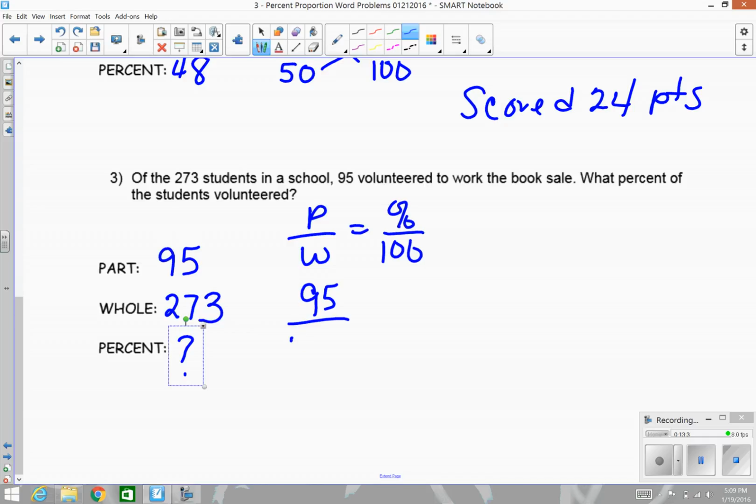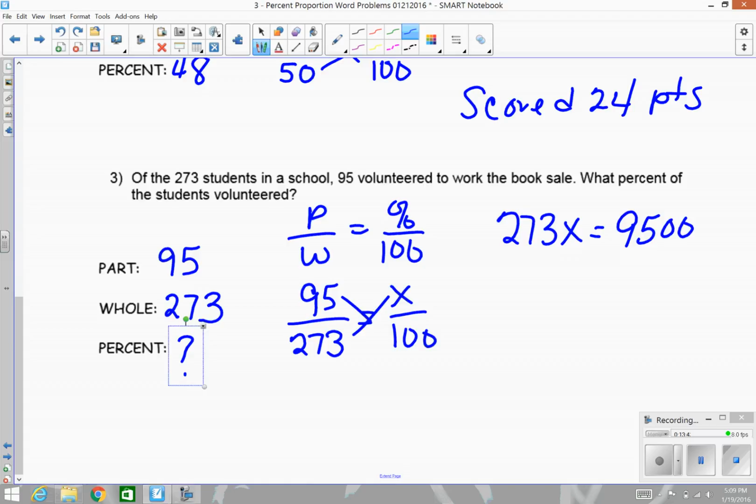95 over 273 equals x over 100. Cross multiply, we have 273x equals 9,500. Divide by 273.